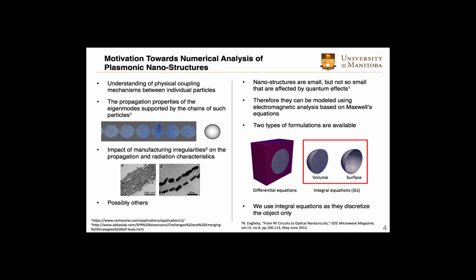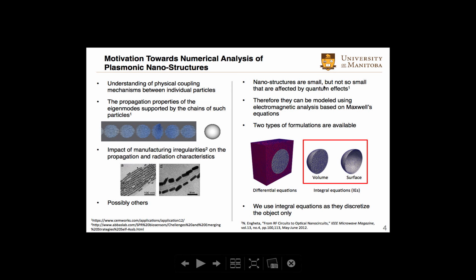numerical methods have to be developed for accurately analyzing these electric circuits. So in the numerical analysis, we would be able to understand the physical coupling of individual particles, the propagation properties of the eigenmodes supported by the chain of such particles can be studied, and also the impact of manufacturing irregularities can be rigorously analyzed.